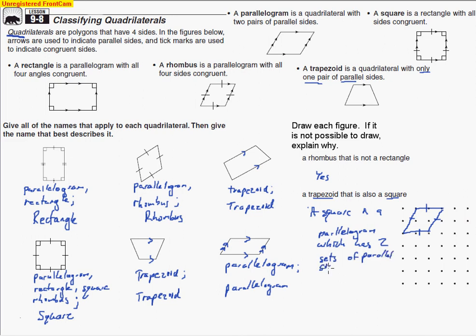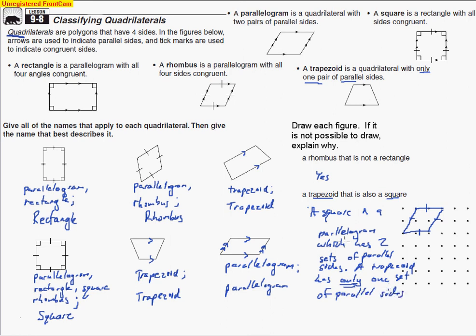sides. Well, let's look at the definition of a trapezoid. A trapezoid has only, and this is the key, and I underlined that over here, only one set of parallel sides.